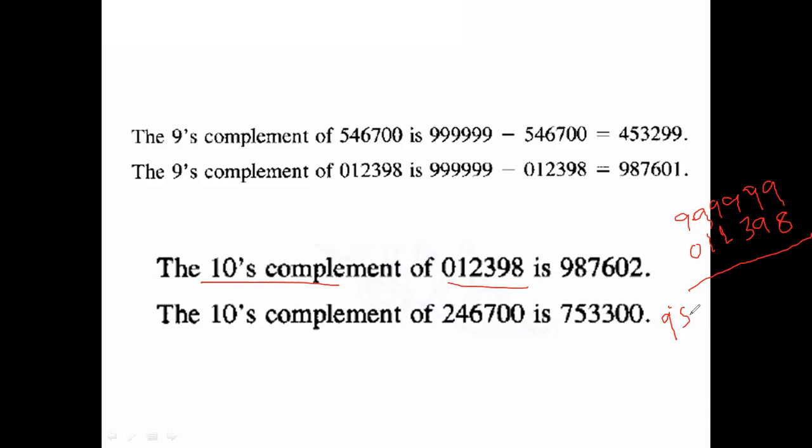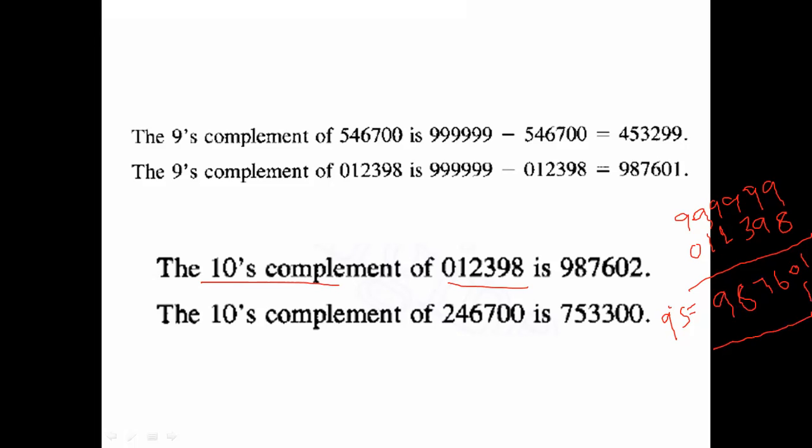Subtract: 9 minus 8, that is 1. 9 minus 9, that is 0. 9 minus 3, that is 6. 9 minus 2, 7. 9 minus 1, 8. 9 minus 0, 9. Then add 1 to the 9's complement.